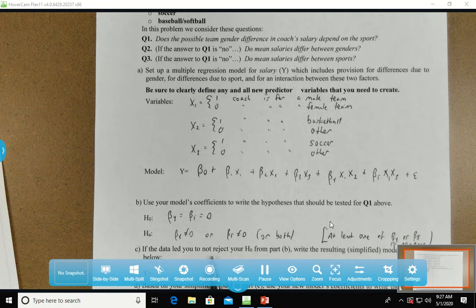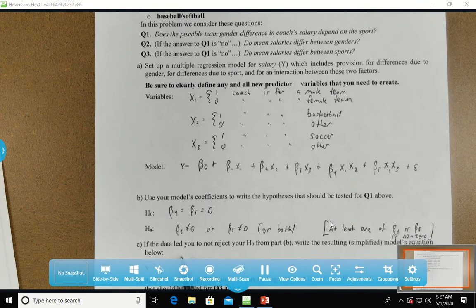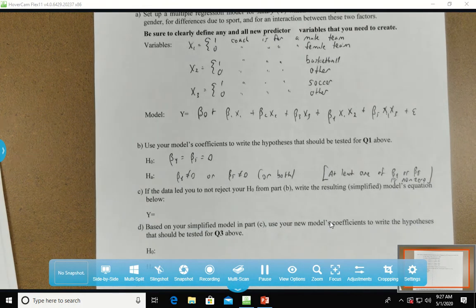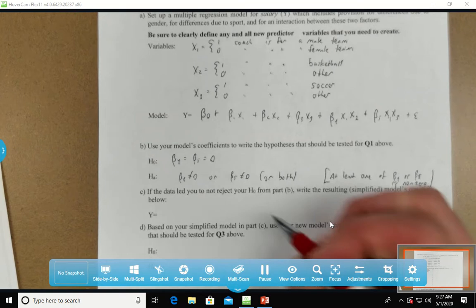If the data led you to not reject the null hypothesis, in other words, our interaction terms are not necessary, so we drop beta 4 and beta 5, what would our model be now?